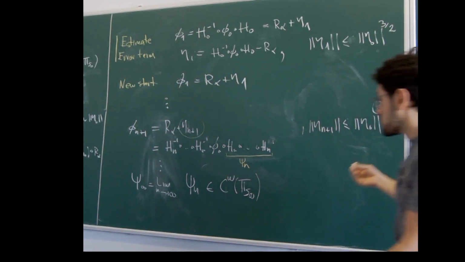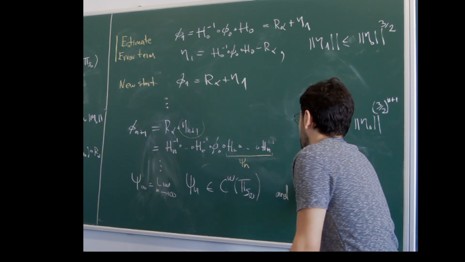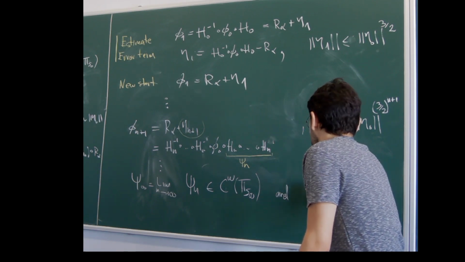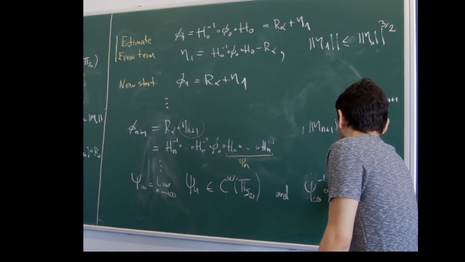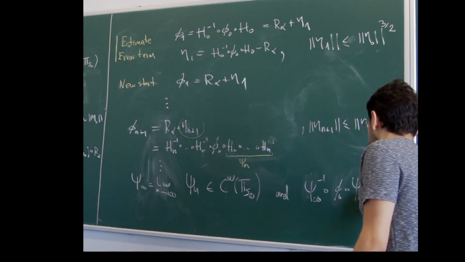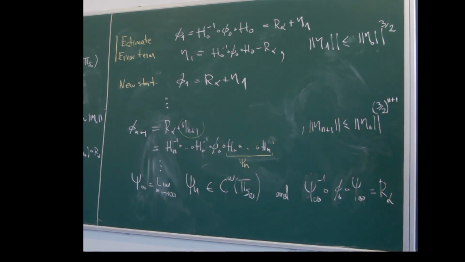So what I expect to have is that psi infinity minus 1 composed with phi 0 composed with phi infinity is equal to my rotation. And then I will be done. So this is the scheme of what we want to do.